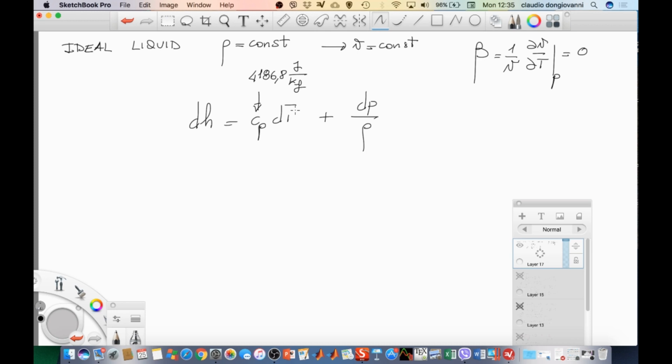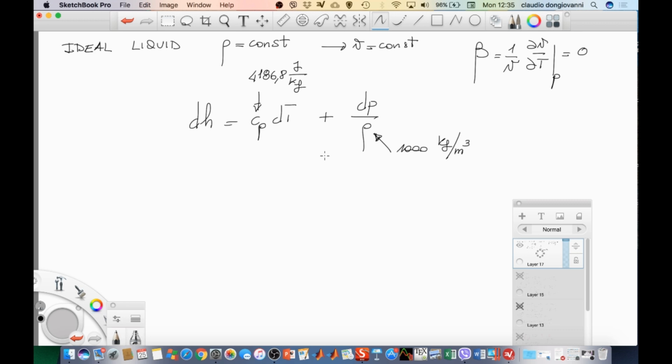The order of magnitude of density for a liquid: for water, 1,000. For oil, so a liquid usually has a density of the order of magnitude of 1,000.